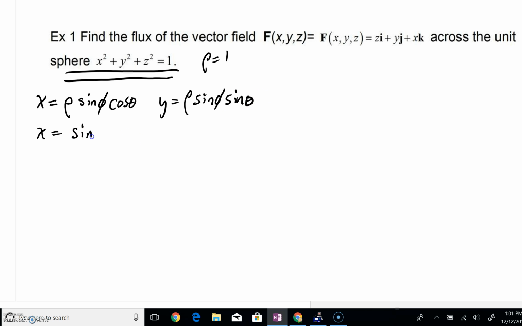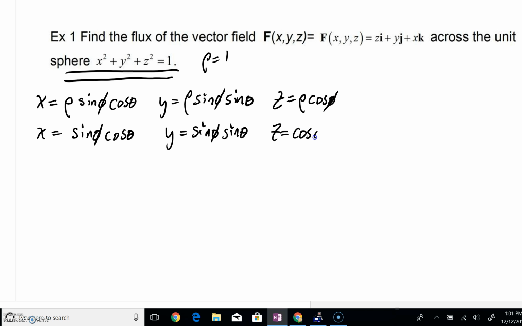So ultimately, this is going to go by hopefully pretty quickly here. And then we could say, well, let's see, this is just going to be sine of phi, sine of theta. And then we could say our z is just going to be rho cosine of phi. And if rho is just 1, we just have this thing right here. Well, here's the real cool thing. We could define that surface parametrically by saying we've got r defined as a function of phi and theta.